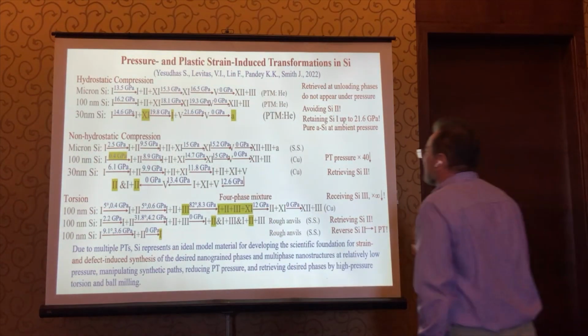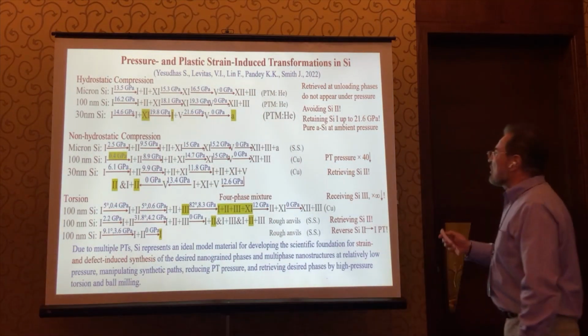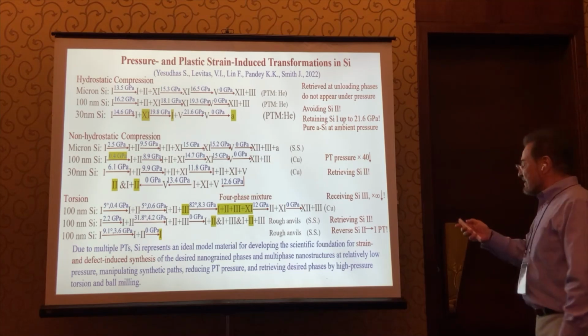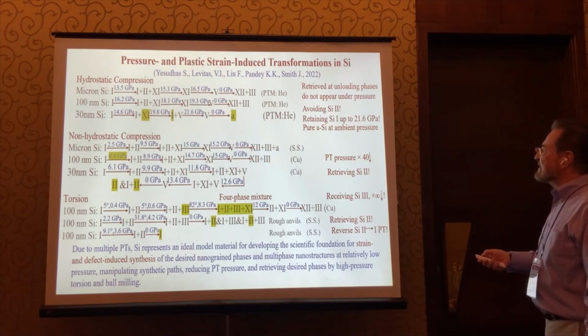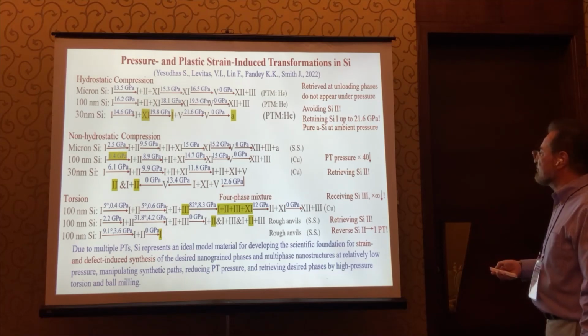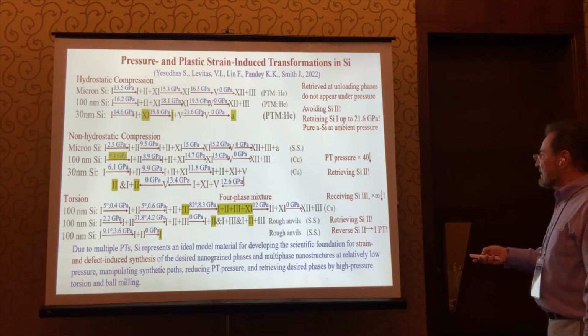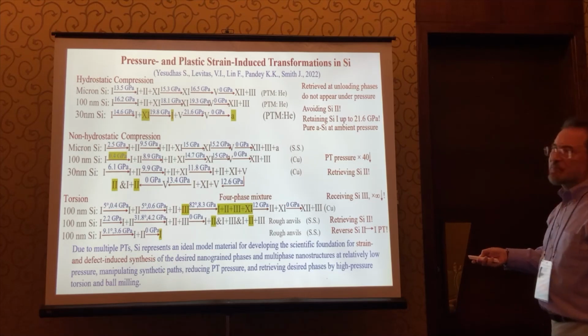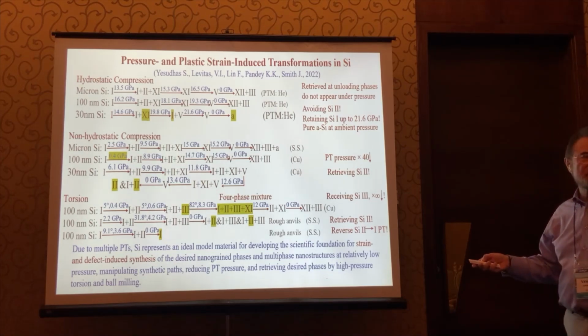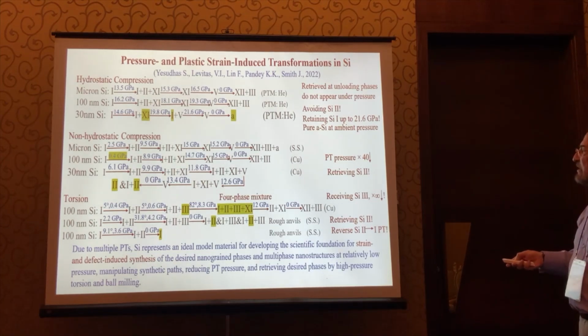Okay, then there are some other important results in addition to 40 times reduction in phase transition pressure. For example, silicon 3 does not appear under hydrostatic pressure at all. We obtained it at 0.6 GPa. Then nobody could retain silicon 2.